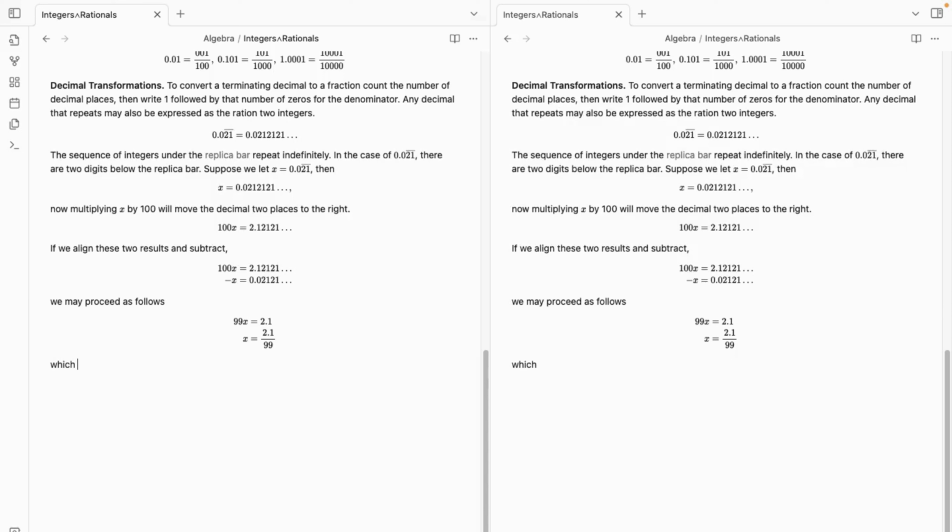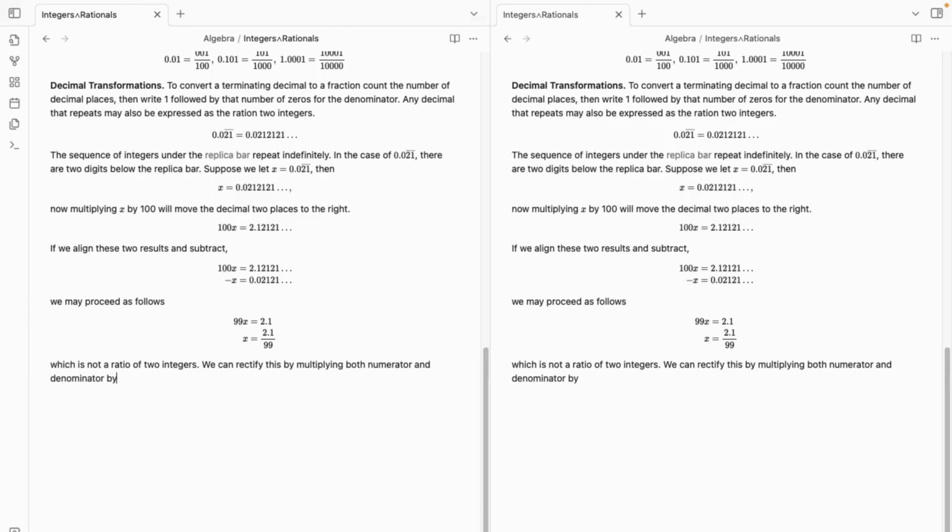Which, of course, is not a ratio of two integers. Okay, and we can rectify this by multiplying both the numerator and denominator by 10. And that looks essentially like this.